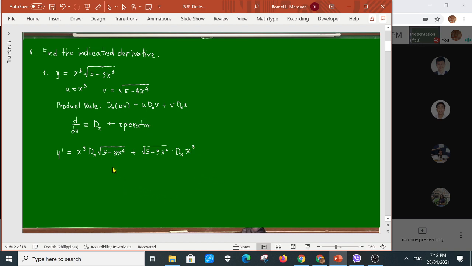By the way, once you become familiar with the formula, it's all right to go directly with the derivative. No need to write this step, okay? You can skip that step and immediately get the derivative of the second.